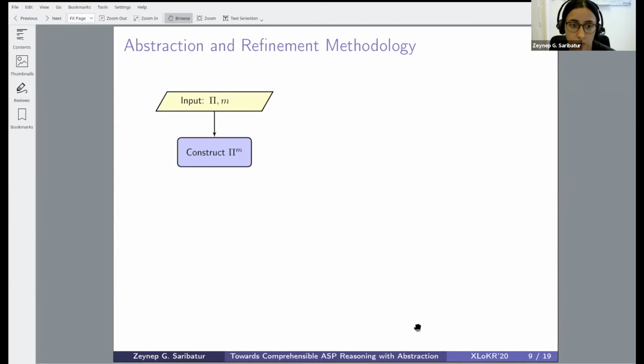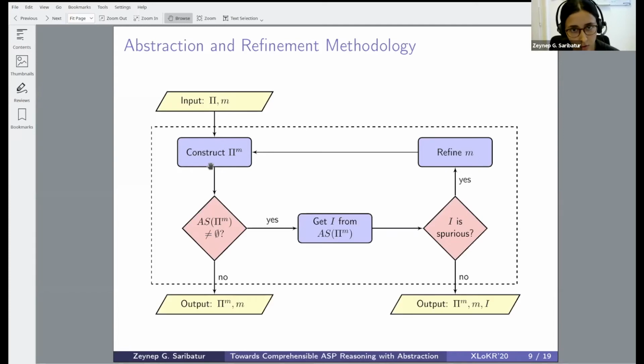In our work, we showed how, for a given input program and a given mapping, to construct an abstract program which satisfies this over-approximation. But since finding a good mapping is tricky by itself, we have this whole methodology of finding an abstraction. The idea is similar to the counterexample guided approach I mentioned. You start with the program and a mapping which is very coarse, like you cluster all the elements together, or you omit everything, and you construct the abstract program, and then you check whether it has an answer set.